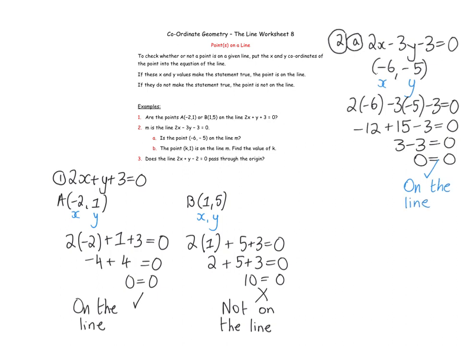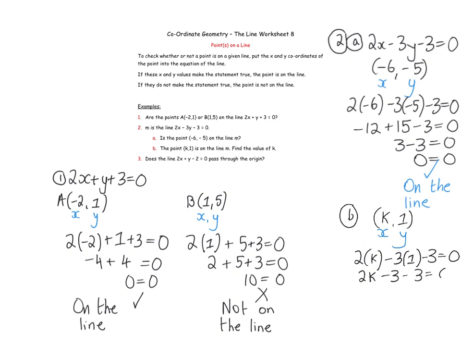Part B then says that (k, 1) is on the line M. So we know it's on the line, and they want us to find the value of k. So we're going to label this x, y again, and we sub it into the line. So this will become 2 times k minus 3 times 1 minus 3 is equal to 0. 2 times k is 2k, minus 3 times 1 is -3, minus 3 is equal to 0.